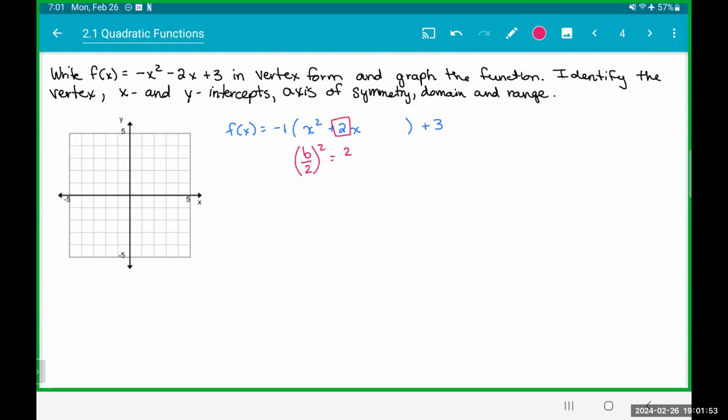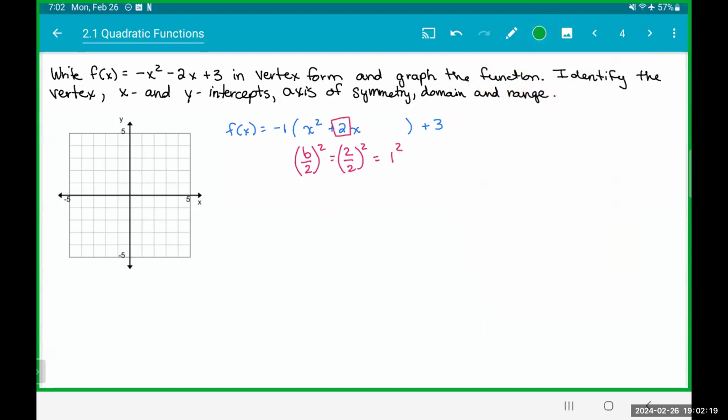B divided by 2, that's 2 over 2 squared equals 1 squared, right? So now I know that I'm going to have x plus 1 here squared. Plus I have that -1 out here, but we need to figure out what we put here and here, okay? So I'm not going to skip to that just yet.